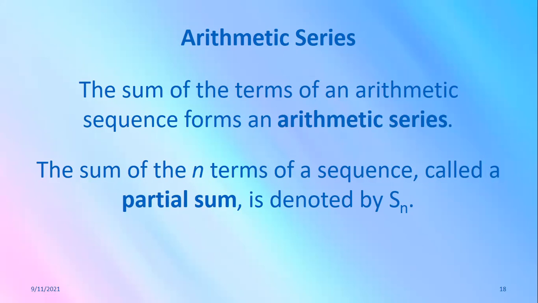So, ibig sabihin, sa madaling salita, ang sum daw ng terms of an arithmetic sequence forms an arithmetic series. Okay, and the sum of the n terms of a sequence is called a partial sum. So, ibig sabihin pala, yung sinosolve natin ng mga ano is partial sum lang pala, no? So, partial sum.